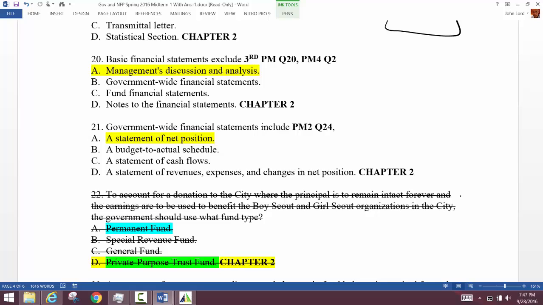Then I start calling out to you, asking the names, and they even become important in some of the revenue recognition questions when I ask what should be reported on the statement of activities. You're supposed to know that's a government-wide statement, and you're supposed to use full accrual accounting, right? So don't mess up and not know the names of these statements. In the government-wide, the statement of net position is like the balance sheet, and the statement of activities is like the income statement, right?